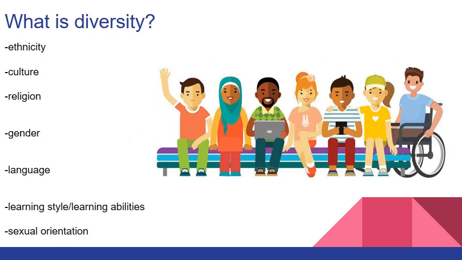When we talk about language backgrounds, we also often talk about students who are English language learners, whose language is something other than English as their home language. You could also have students, and you will have students, with diverse learning styles and different learning abilities or aptitudes. There could be diversity in terms of physical abilities, and also diversity of sexual orientations.